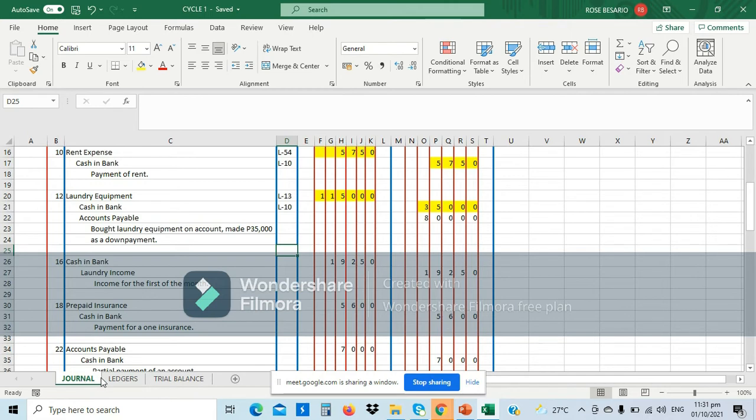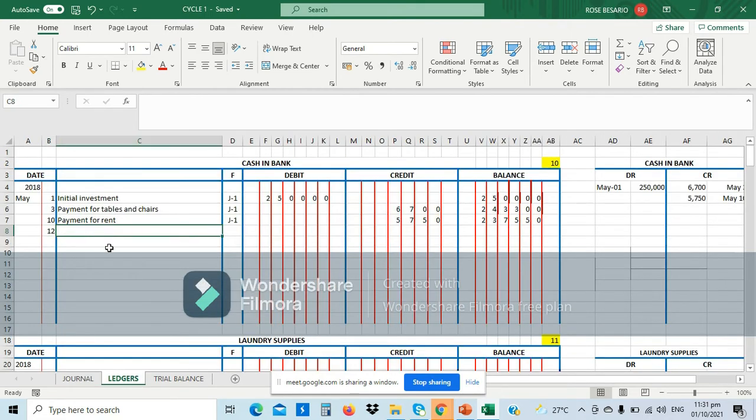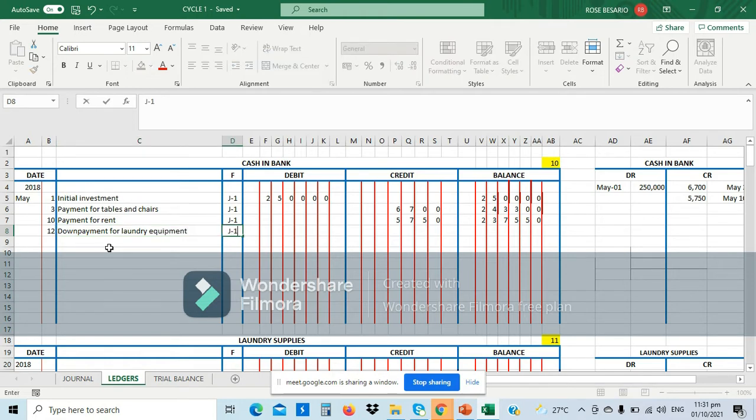Explanation is down payment for laundry equipment. Taken from journal page 1.